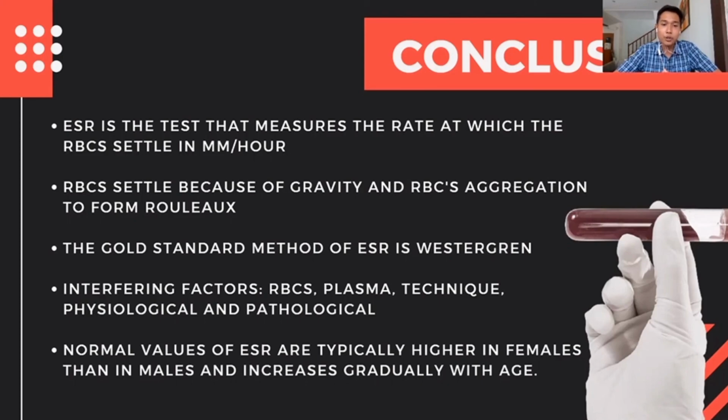The normal values of ESR are typically higher in females than in males and will increase gradually with age. However, these normal values can't be used for diagnosing any diseases, except if ESR is combined with other laboratory tests.